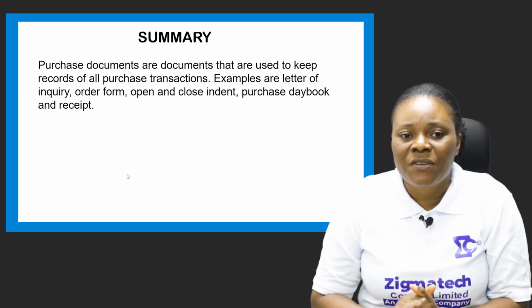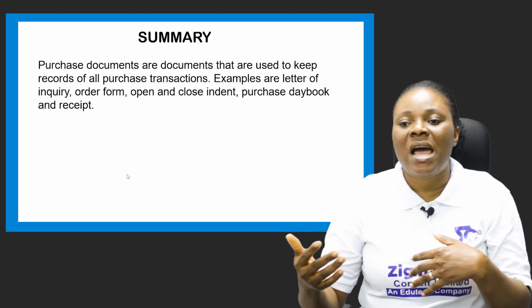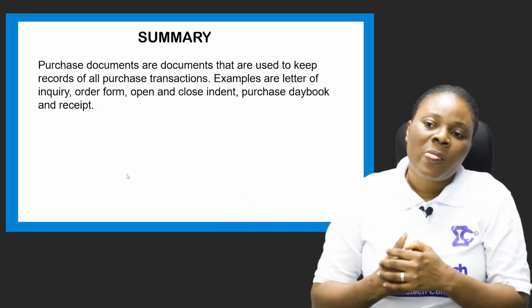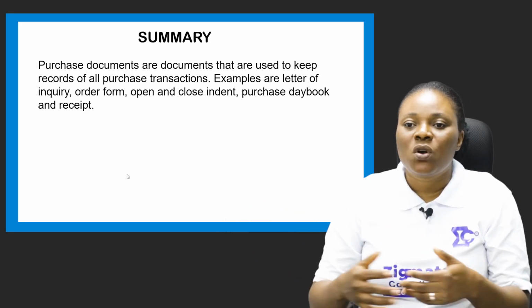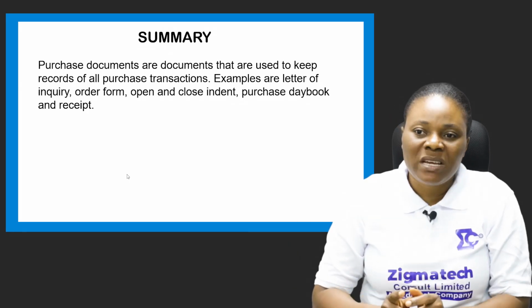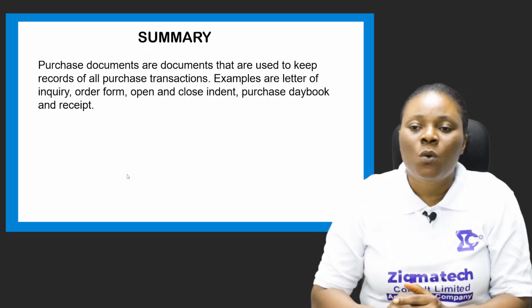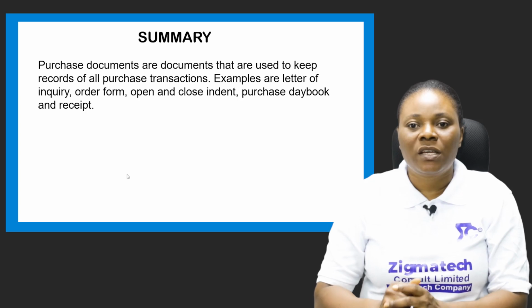We looked at the various types of purchase documents. We looked at the letter of inquiry, that is prepared by a buyer to a seller to get information about products or services rendered. And I also made mention that the answer to a letter of inquiry is a quotation.